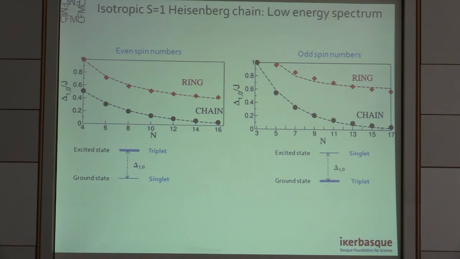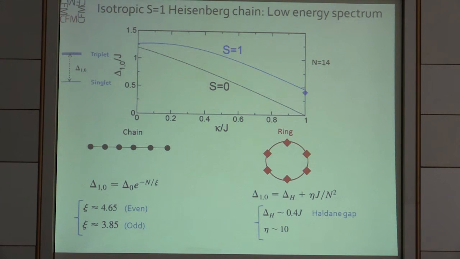And in both cases, what one can find is that the singlet-triplet energy gap decays as the number of spins increases. And this happens both in the ring and in the open chain. In fact, if for a fixed number of spins one closes the chain adiabatically, one finds that the gap between the singlet and triplet increases.